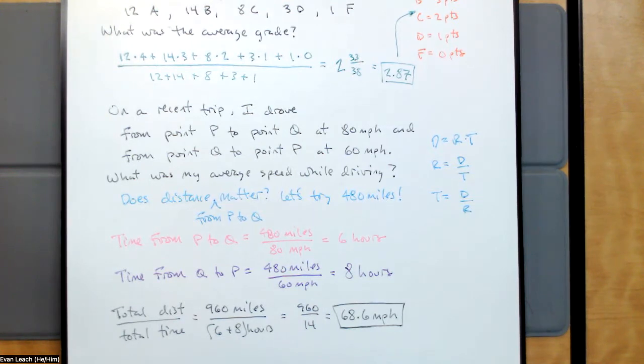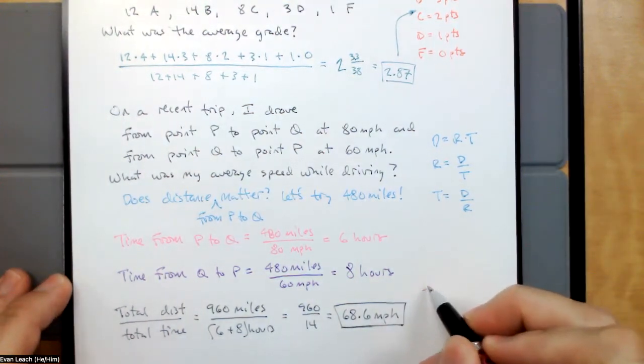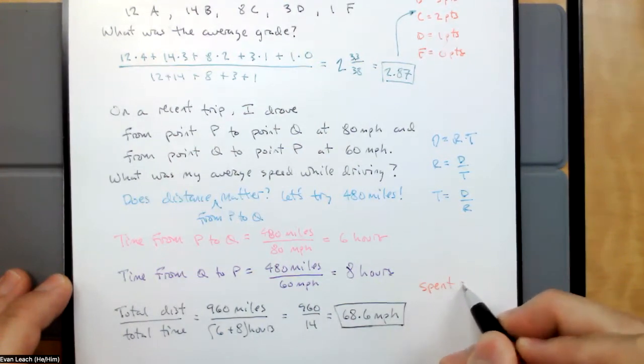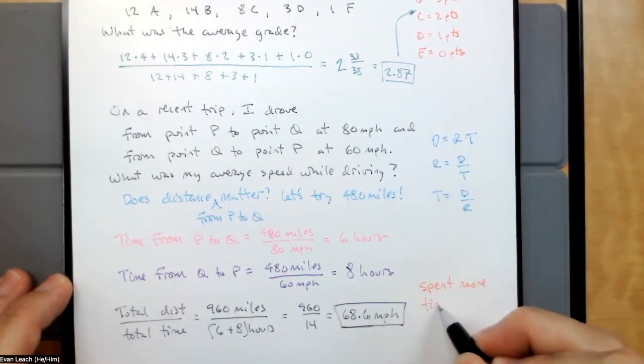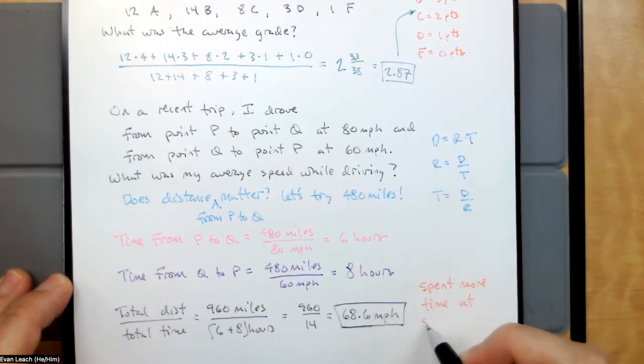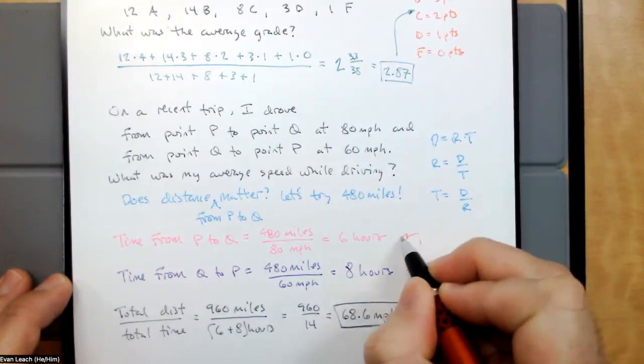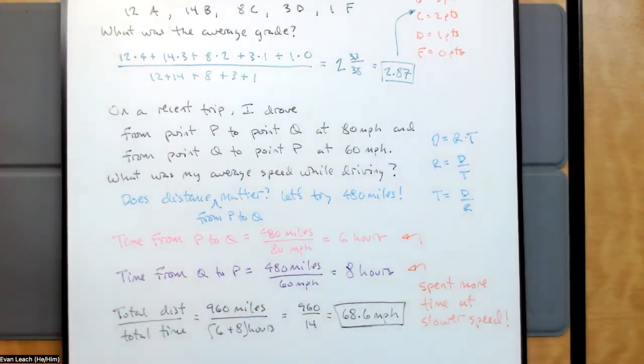So it was less than 70 because we spent more time doing 60. So that brought our average down. In the same way, the average grade on the test was higher than C because there were more instances of grades higher than C.